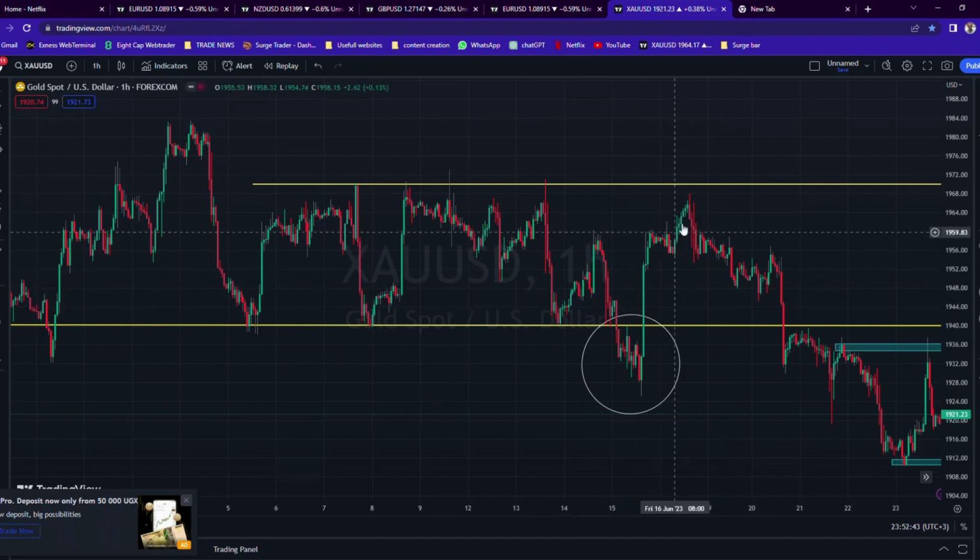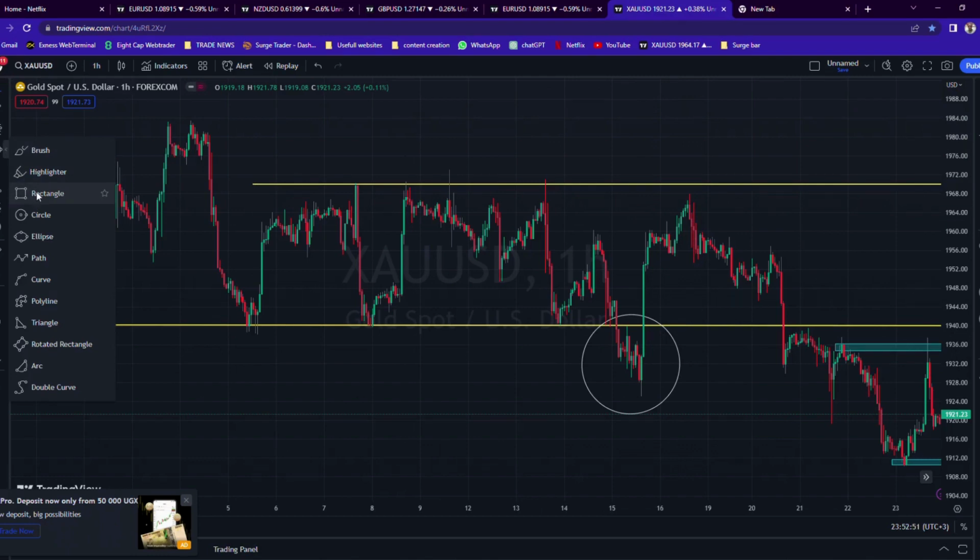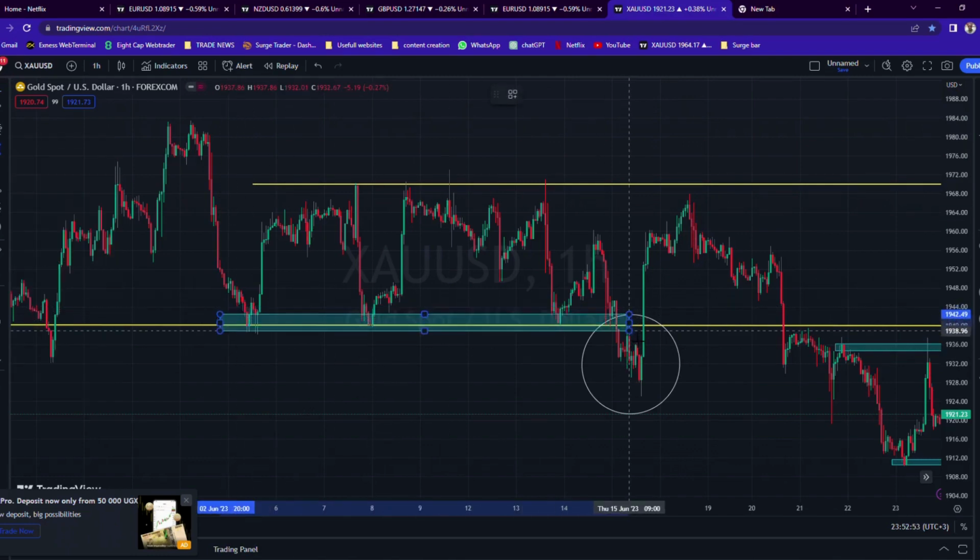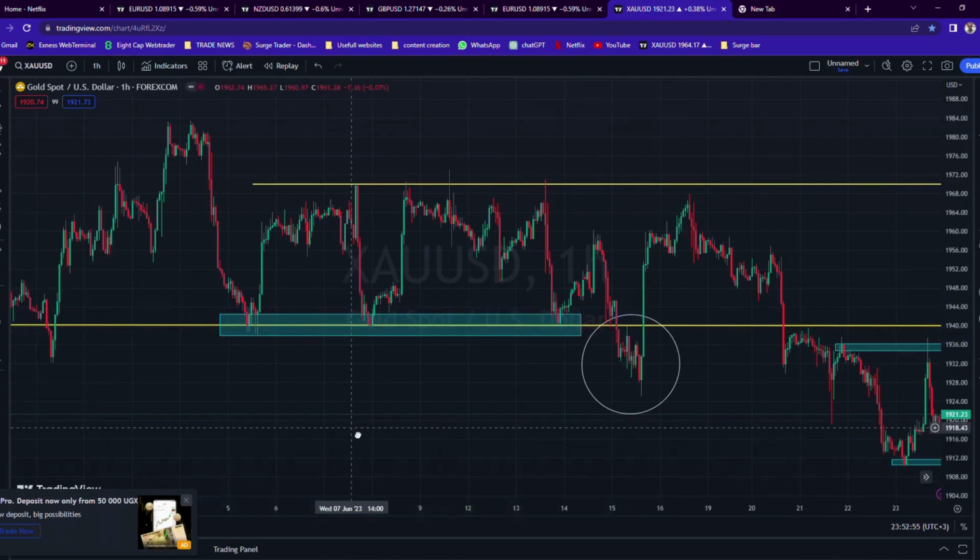Gold gave us a move to the upside until the zone exactly at 1968-70, but before this move, all this buy side liquidity was first swept right here, and then gold made a move to the upside before going down again.